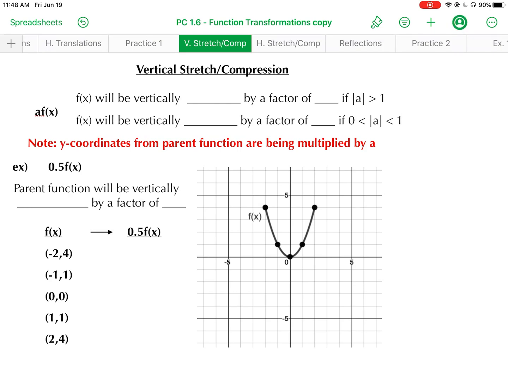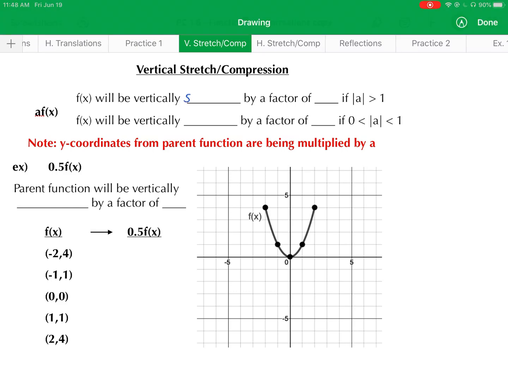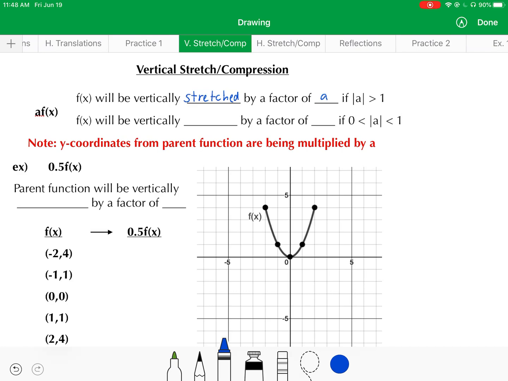As long as it's greater than 1, that means f of x will be vertically stretched by a factor of a. Okay. Now, when I say by a factor of a, factor implies multiplication. So that means that the y coordinates are being multiplied by a from your parent function.